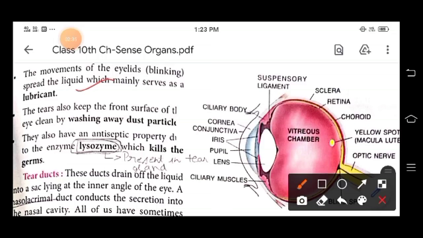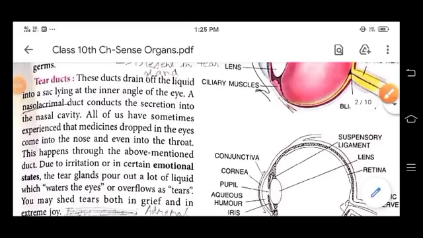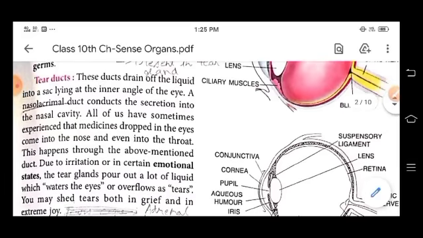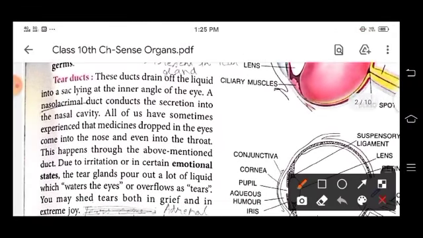The tears also wash away dust particles because they have an antiseptic property, and the enzyme lysozyme is present which kills germs. These ducts drain off the liquid into a sac which is lying at the inner angle of the eye.